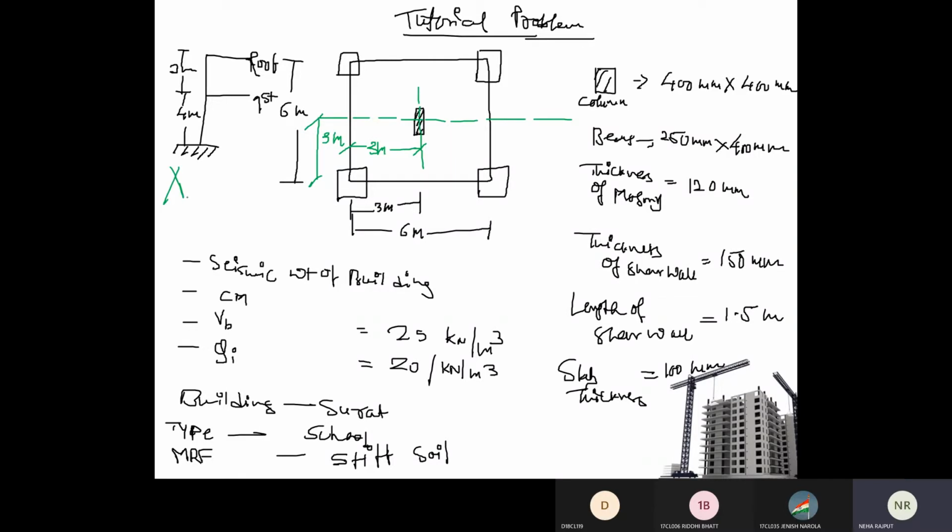So the xi value for this shear wall will be 3 meter in the x direction and 3 meter in the y direction, right? You have to take the distance from the origin to the center CG of the shear wall. Understood?